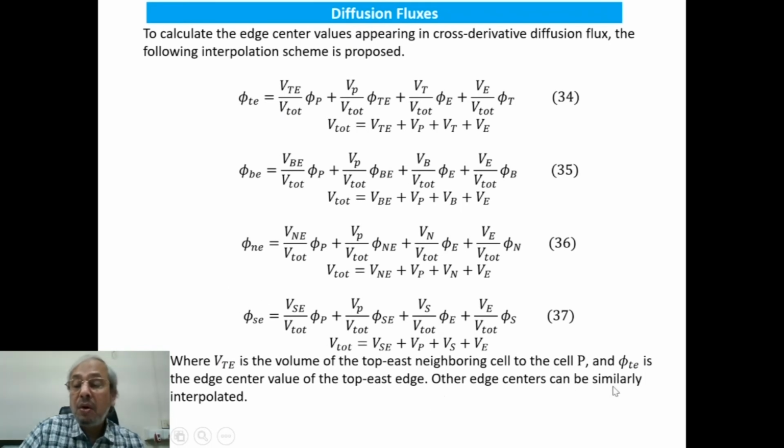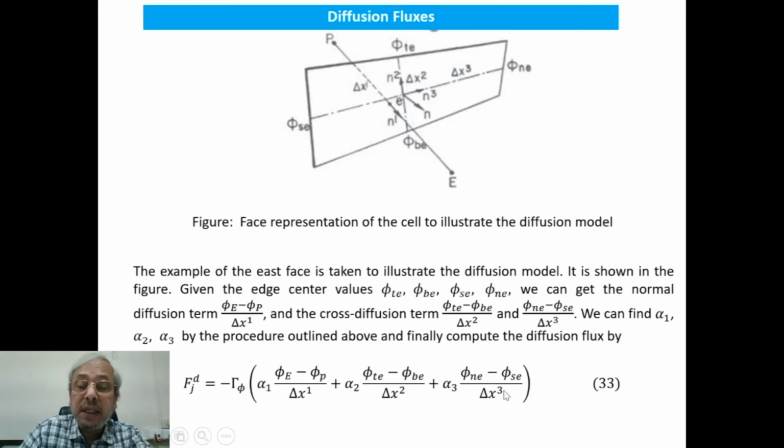So basically that is how these quantities phi T, phi B, phi NE, phi AC are calculated so that we can find out from equation 33 the cross diffusion, and normal diffusion will be given by phi E minus phi P by delta x1.